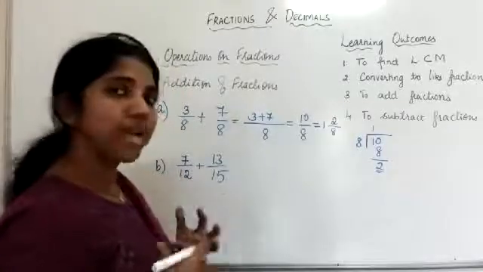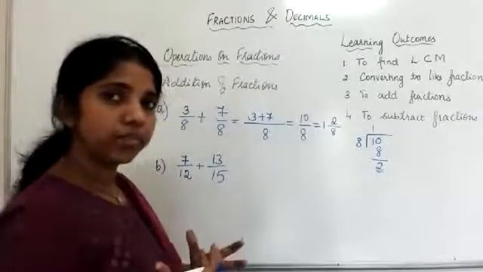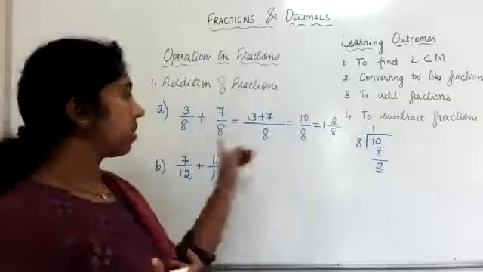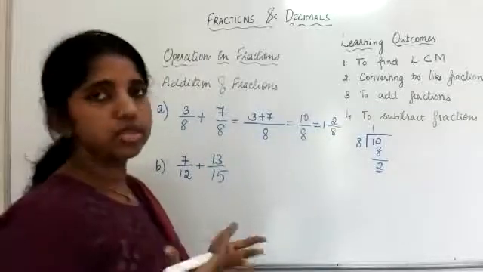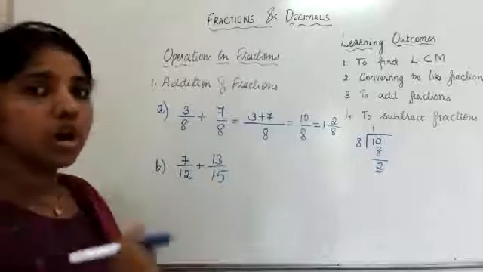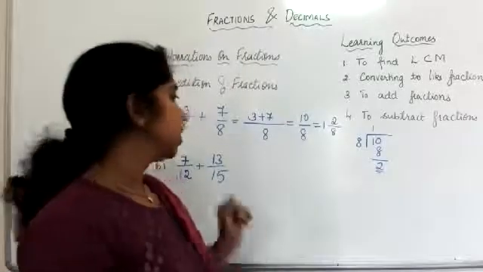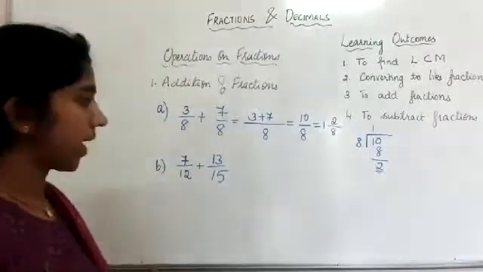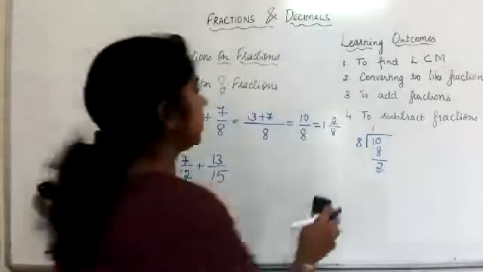How to add two unlike fractions now? We cannot write the same denominator and add the numerators because the denominators are different. So how to do it? What we have to do is find the LCM of the denominators.